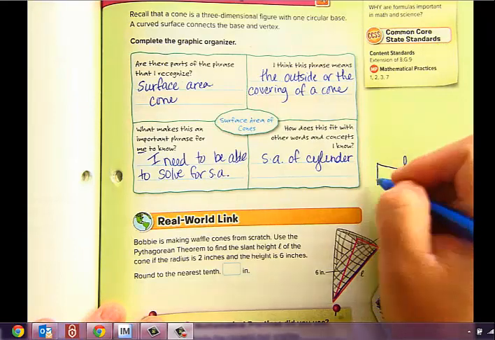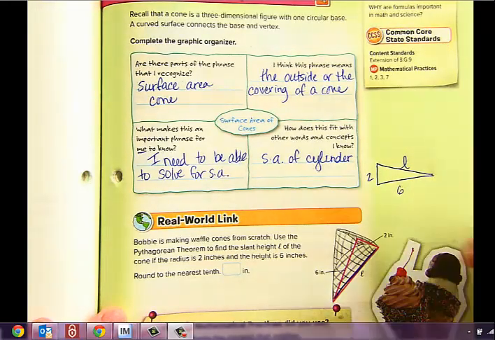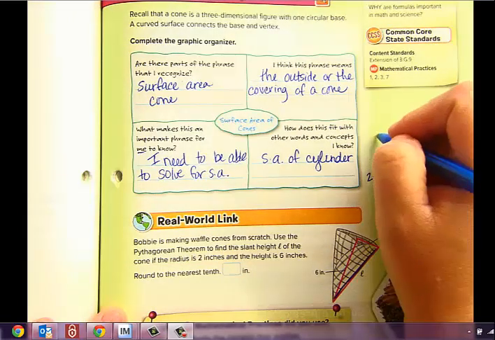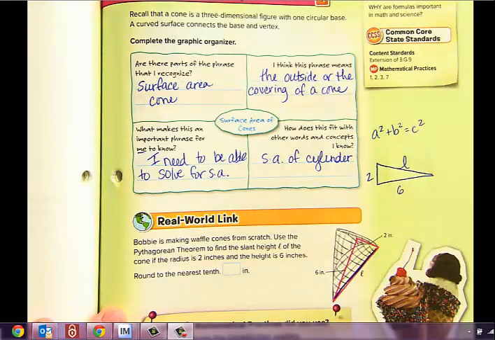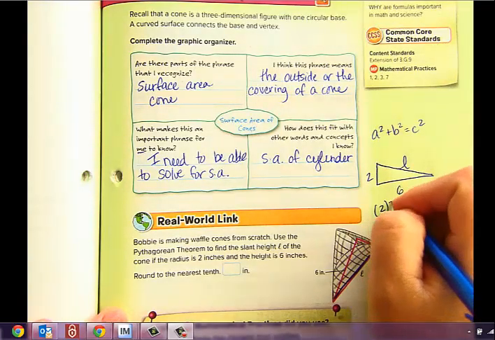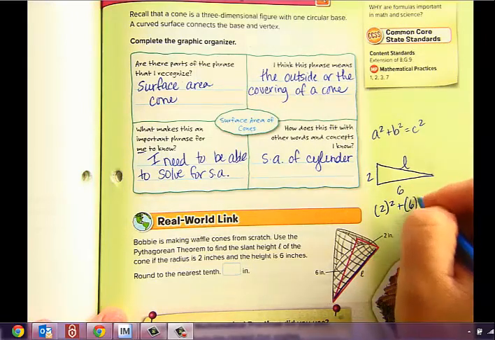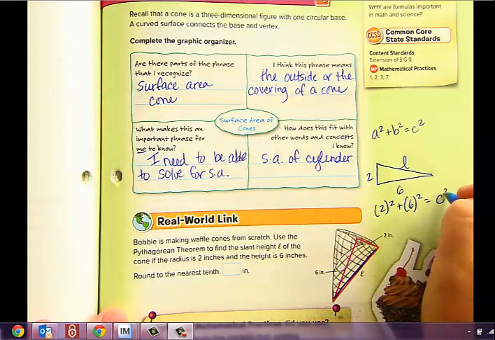My A is 2 inches and my B is 6 inches. The Pythagorean theorem is A squared plus B squared equals C squared. I have an A, I have a B, and I want to see what that makes for my C squared.